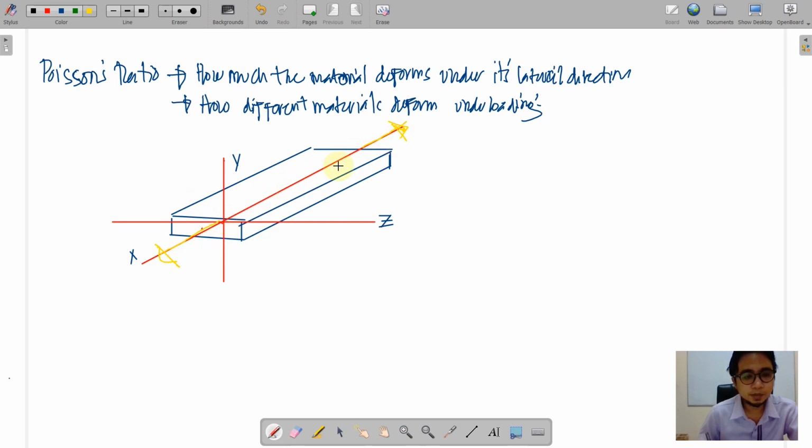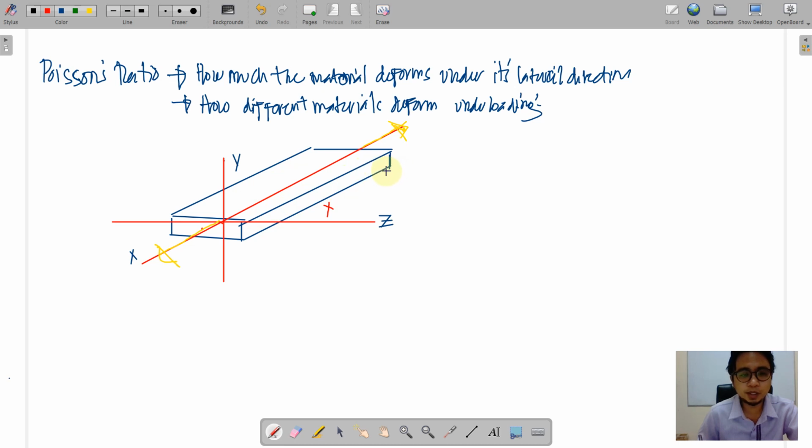x-axis. Okay. So while this tensile force is stretching this material or lengthening the material along the x direction. By the way, this is the x direction. Okay. This is the x dimension also. So whatever the elongation is, that will be the deformation on x.